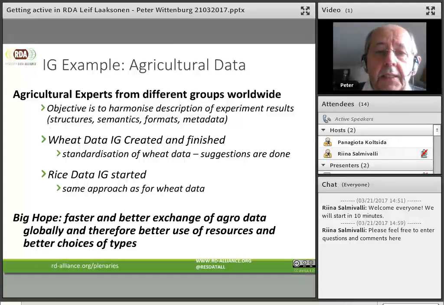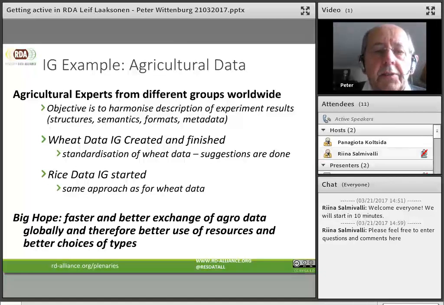And what you can see is they agreed on discussing in broader terms how to harmonize description of experimental results, so structures, semantics, formats, metadata, and things like this. And of course they have this interest group as a kind of umbrella, but from this interest group, that's very interesting, they start concrete working groups. Oh, I made an error here in the slide.